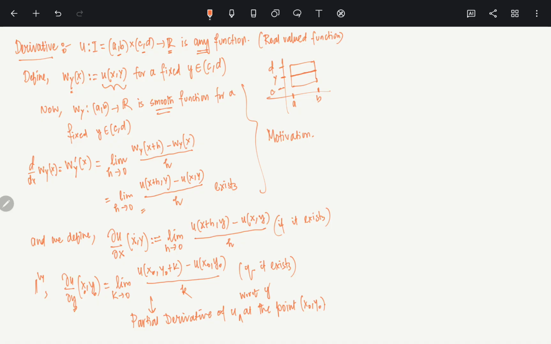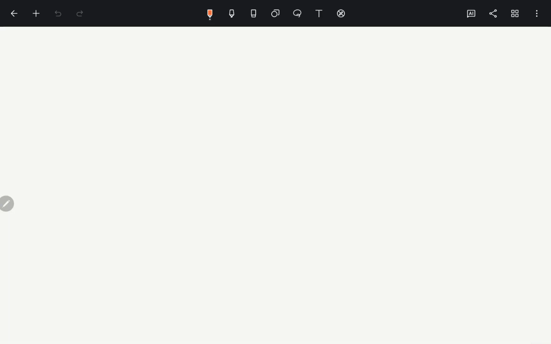I hope this is clear. Again, you can put x naught, y naught here, absolutely no issues. If you put it, it will look like this, x naught, y naught. Is it okay? Just to avoid any confusion.